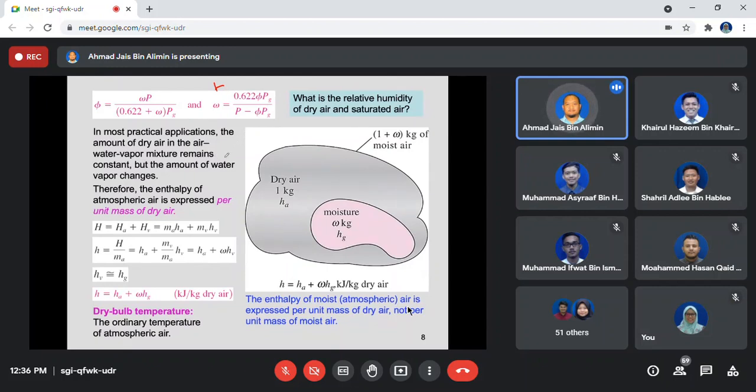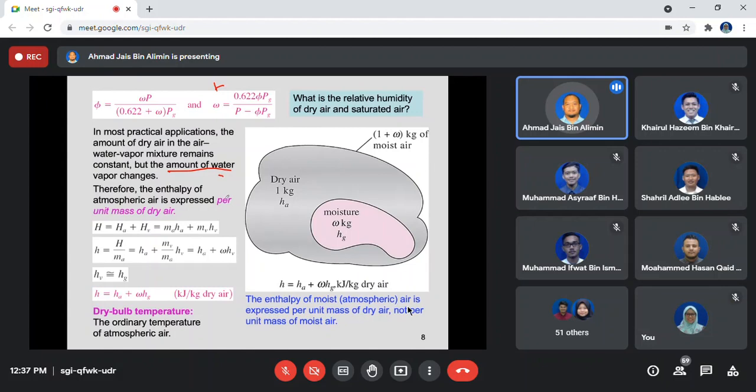In most practical applications, the amount of dry air in the air-water vapor mixtures remains constant, but the amount of water vapor changes. Okay. The only thing that changes is the quantity of the water vapor, because the air is just like that. Unless you are dealing with a vacuum, because air will be there, but what you can add and remove is the amount of water.